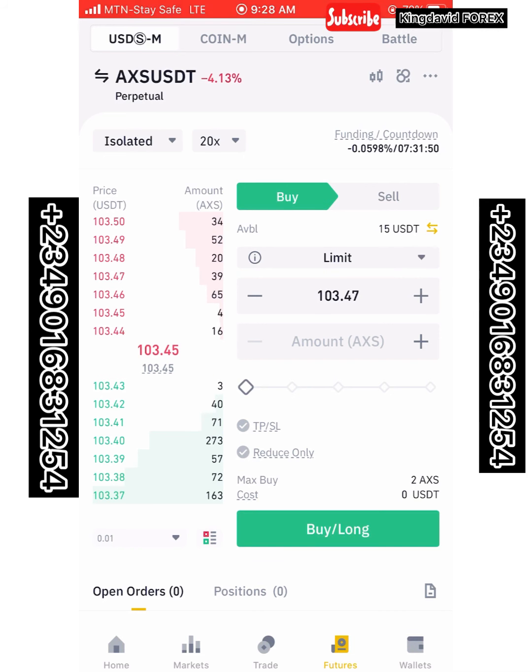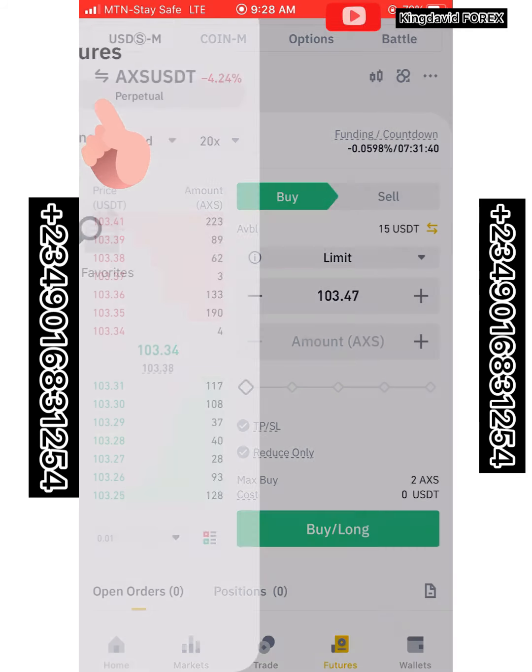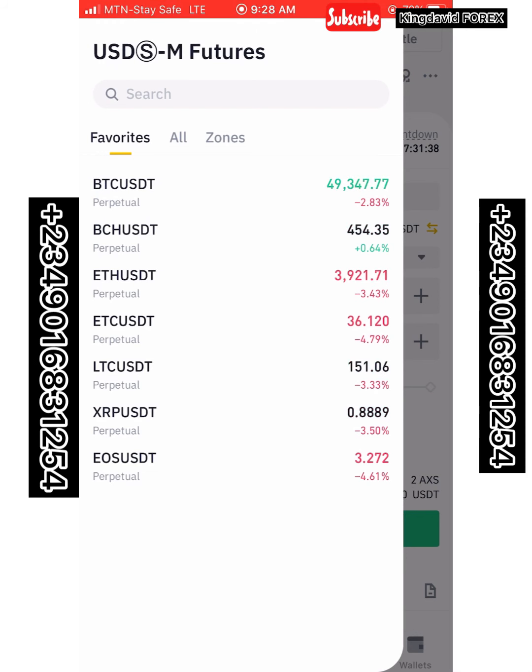The next thing is to choose the kind of market you want to trade on. At the top left, you can see markets. You click on it, you can see your favorite. Most times I like to trade BTC and Litecoin. Those are my main favorites I like to trade on.